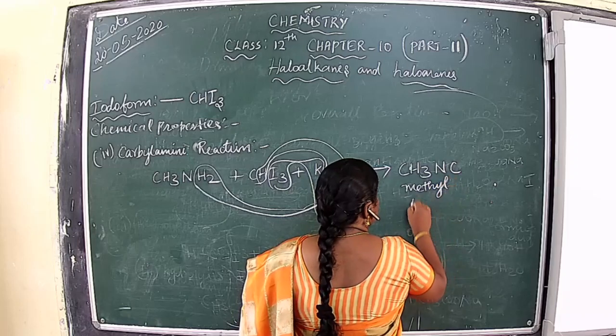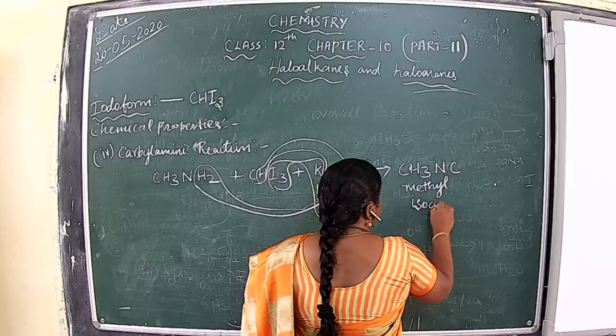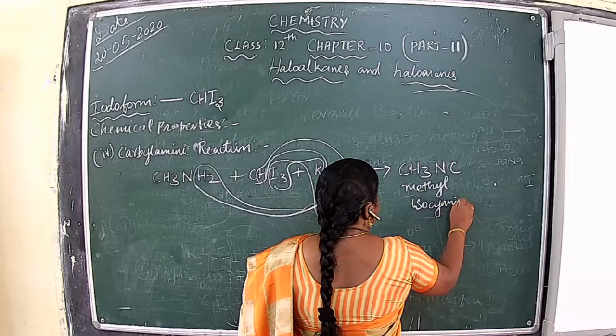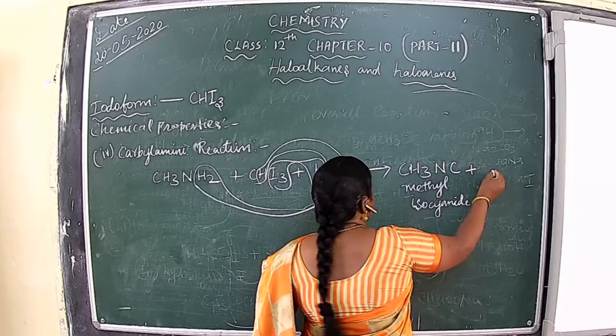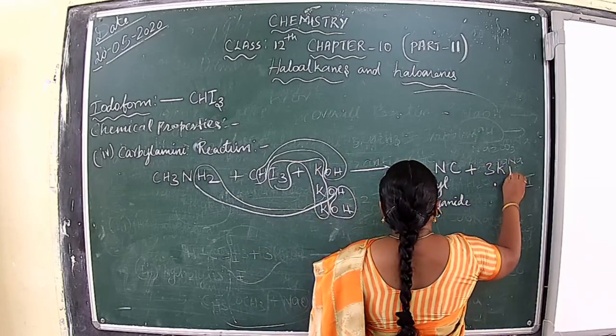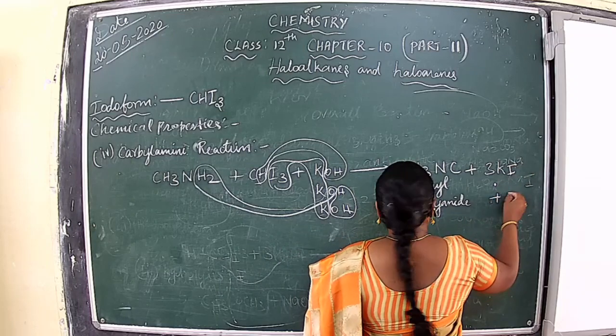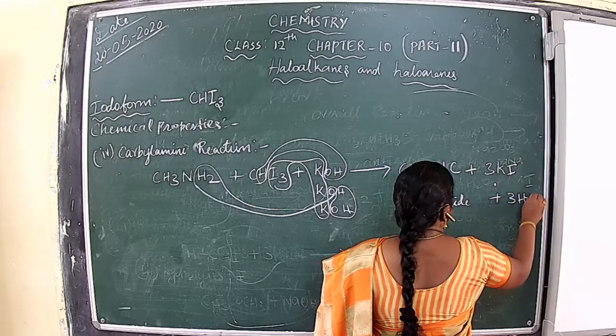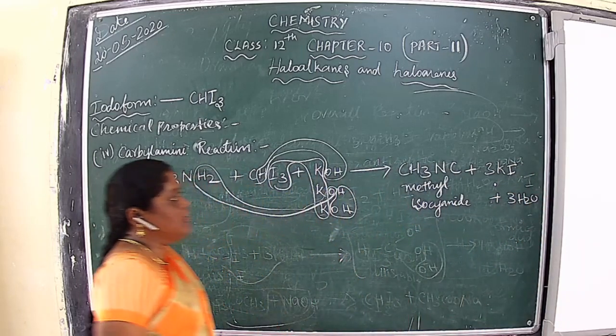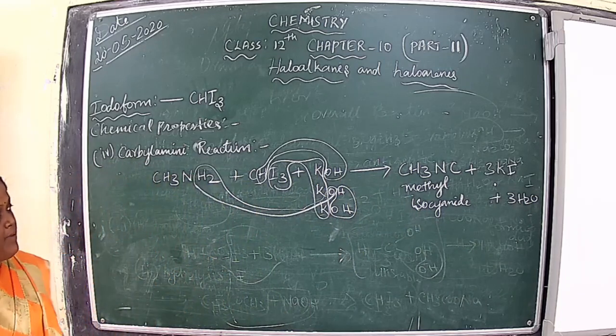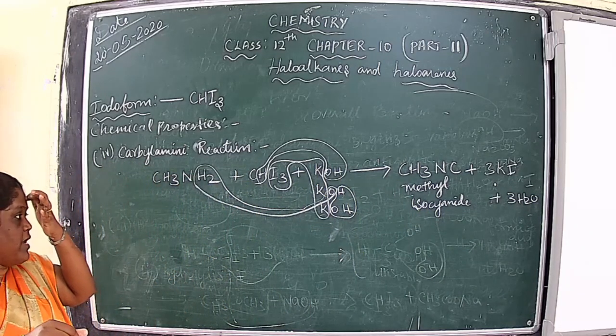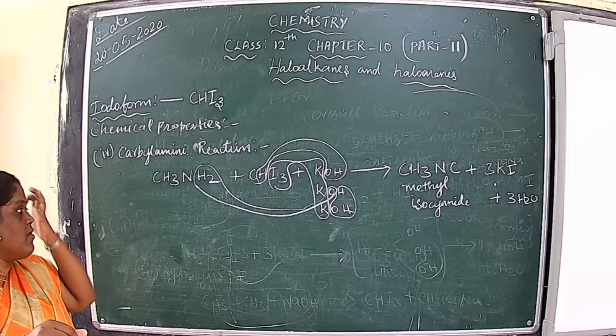Methyl isocyanate. Plus 3 KI plus 3 water molecules. Methyl isocyanate plus 3 molecules of potassium iodide and 3 molecules of water.